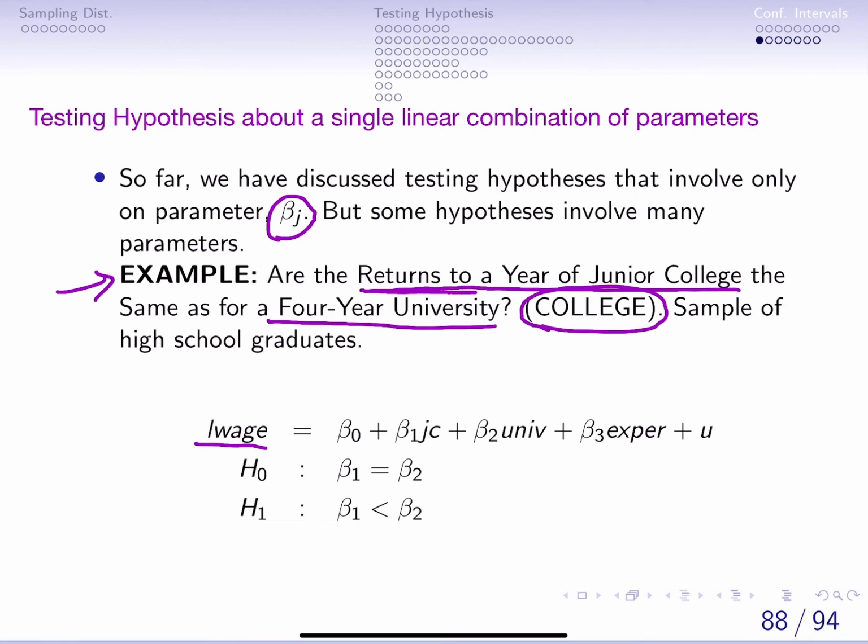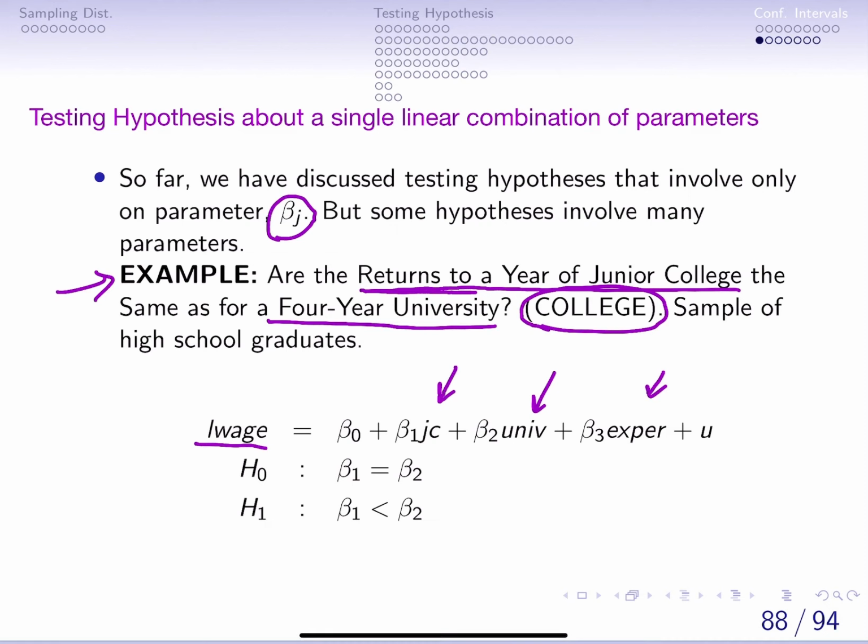We are looking at log wages on the left-hand side. You have JC representing the number of years attending a two-year college, and university represents the number of years at a four-year college. And then experience is given by how many months you have worked in the workforce.